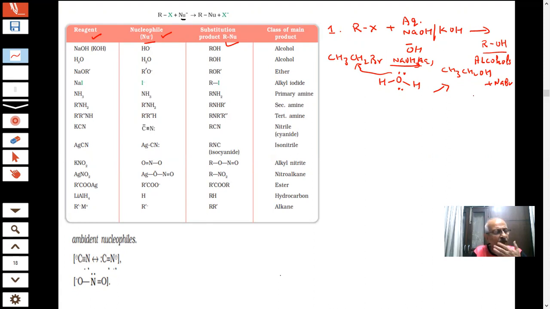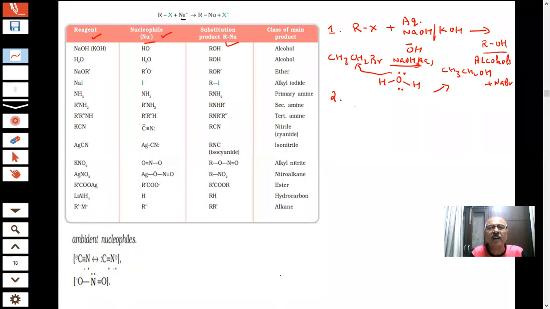We will see how we prepare alcohols by the nucleophilic substitution reaction of haloalkanes. Any doubt here? No, sir, no doubt. Okay, note down everything because this is very important.